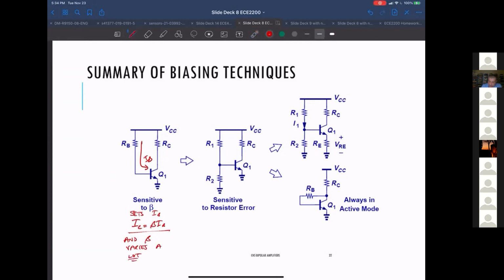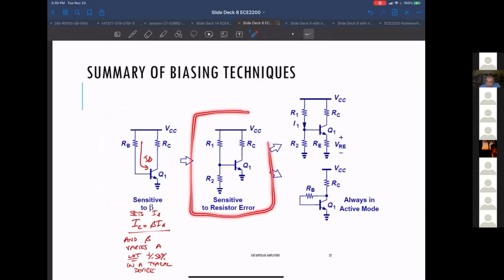It depends on your bipolar transistor, but say it could be as much as plus or minus 50% in a typical device. In fact, I think I showed you guys the spec sheet for bipolar transistors, and a lot of times they don't even specify what the maximum beta is. They just guarantee a minimum beta, and the maximum beta is whatever it is. So it's not very well controlled at all. So that has this danger where you don't really know what your collector current is going to be for sure.